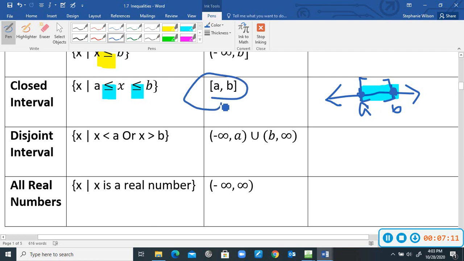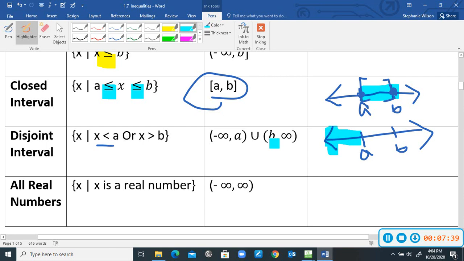Now, this next one says that we have a or, right? This is telling me that I have points, let me draw it right quick, on a number line, and we're not using all the points. So this says x is less than a. So if x is less than a, then I need to go off in this direction to the left.